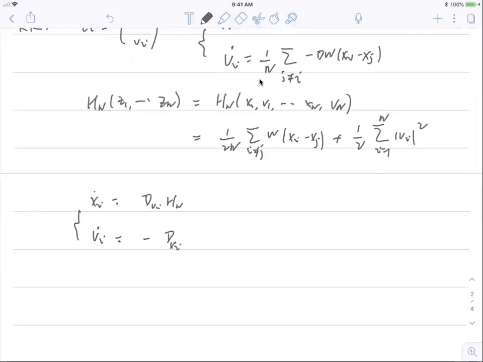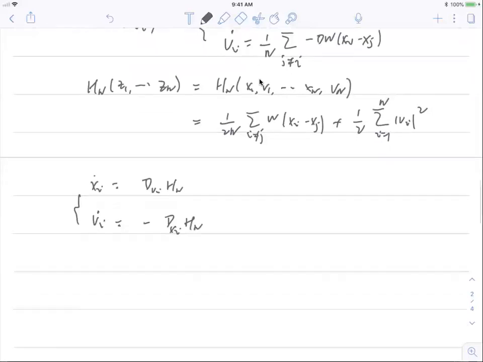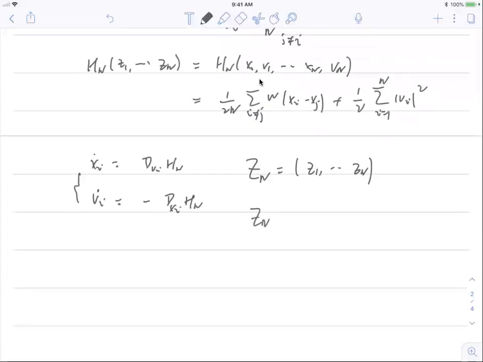You can check. So actually, if we write z_n as z_1 to z_n, the dynamics of z_n is something like J times the gradient with respect to z_n of H_n. It's a Hamiltonian flow, a very high dimensional vector.